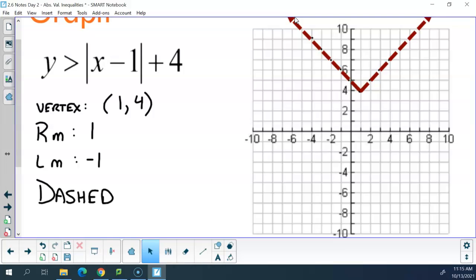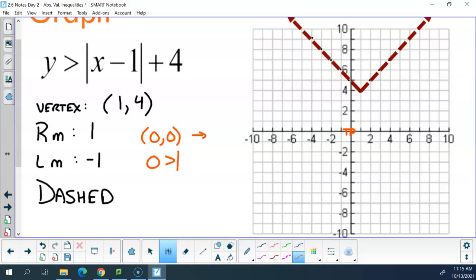What point would you like to use for your test point? 0, 0? Okay. We can use any point. Origin obviously still is our best one to choose if we can. So if I plug 0, 0 back into my original inequality, I get 0 is greater than the absolute value of 0 minus 1, then plus 4. 0 minus 1 is negative 1, the absolute value of negative 1 is 1, plus 4, 5.